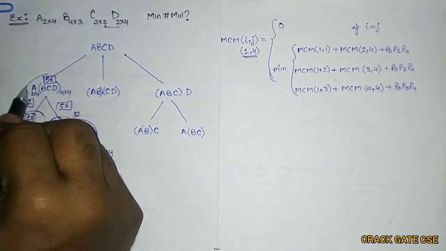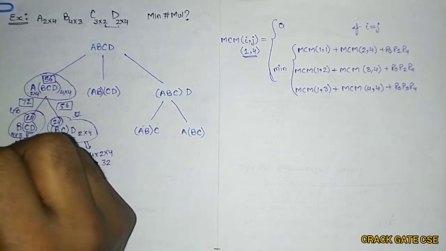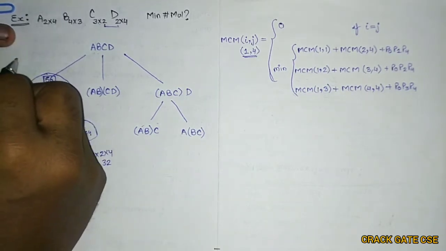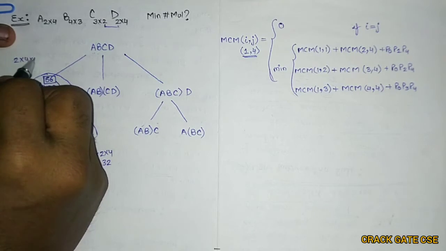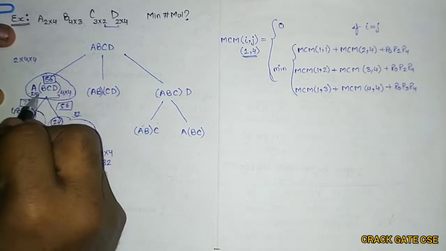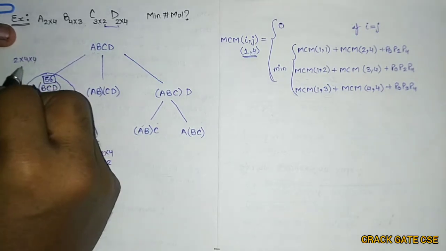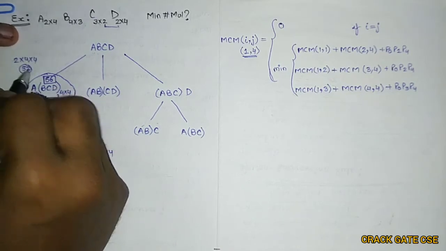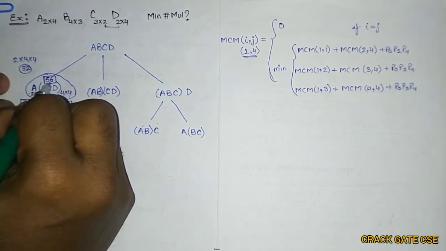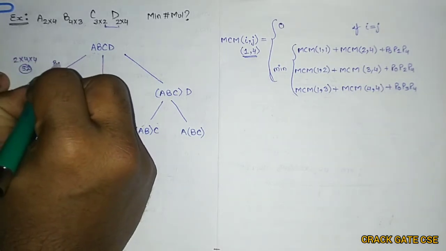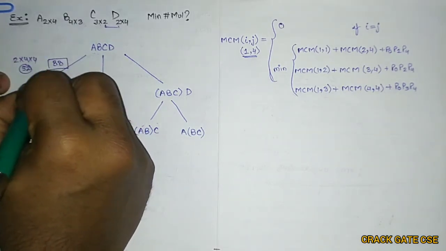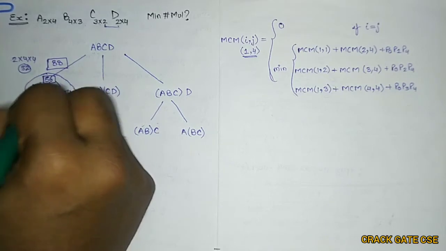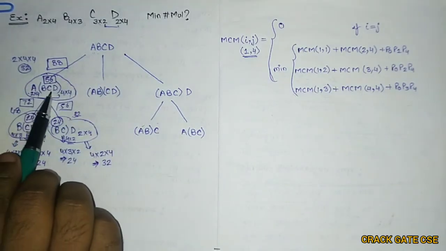So now you have to multiply combinedly: 2 into 4 into 4, which is 32. Now add this 32 with this 56, and it will be 88. So 88 for this kind of approach.